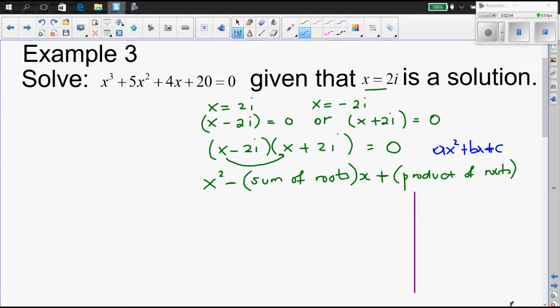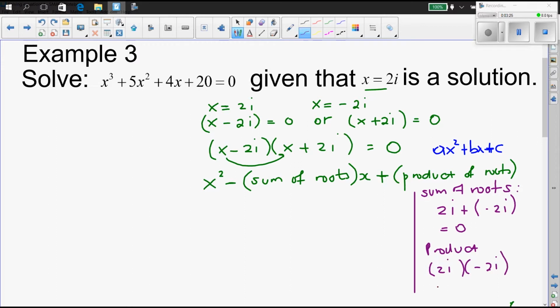To find the sum of the roots, the first root is 2i, added to the second root, negative 2i, and this gives me 0. If I find the product, it's going to be 2i multiplied by negative 2i.